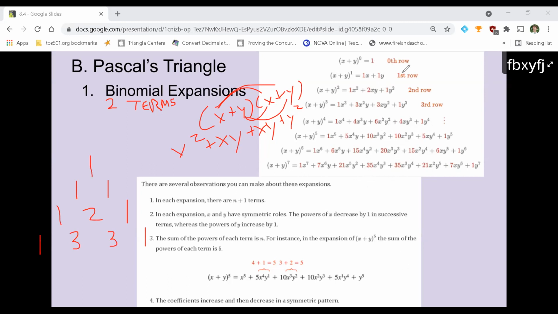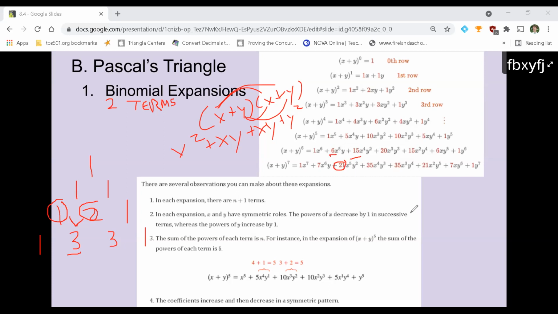Max? The ones add together to 2, and then 1 and 2 add to 3, and then 3 and 3 to 6. If you add two adjacent numbers, you get the next number. Do you see that? 6 plus 15 gives us 21. That is not a coincidence.